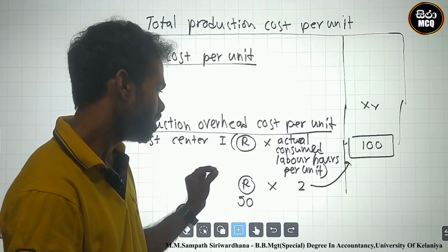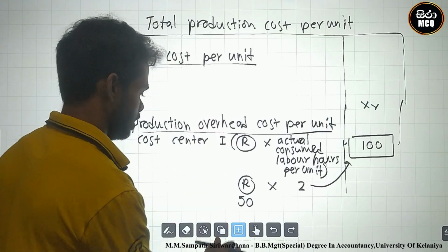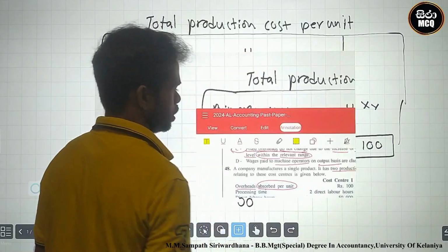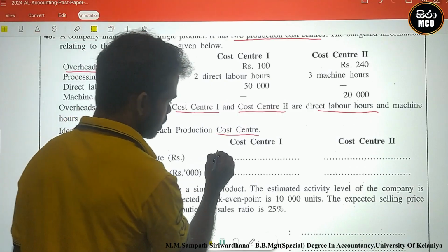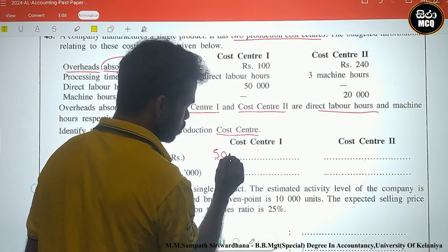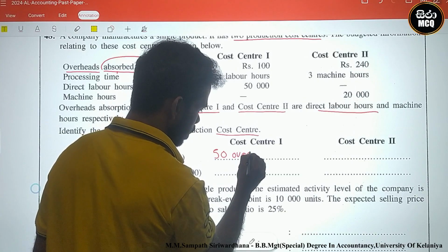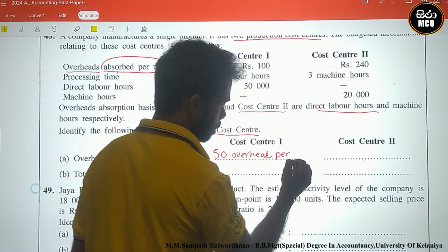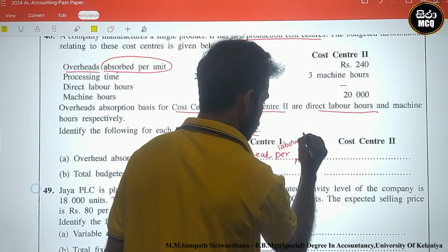Therefore, the absorption rate for cost center 1 is 50, 50 per labor hour. Rate, I write 50 rupees overhead per labor hour.